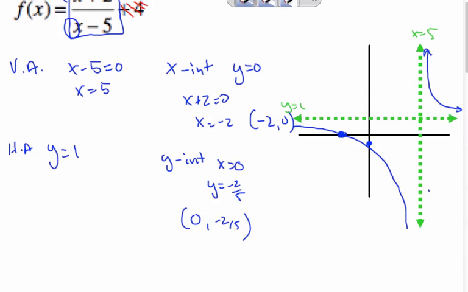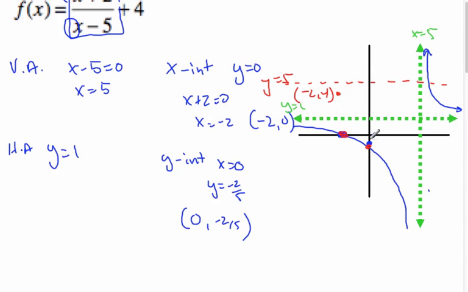Now I have to include the plus 4. When I do plus 4, everything in that function moves up. So my y equals 1 is going to become y equals 5. Here, this is y equals 5. This point here is going to move up 4, so this is now the point (-2, 4).